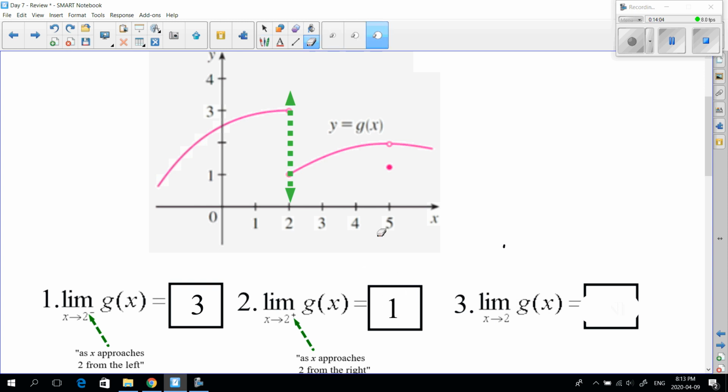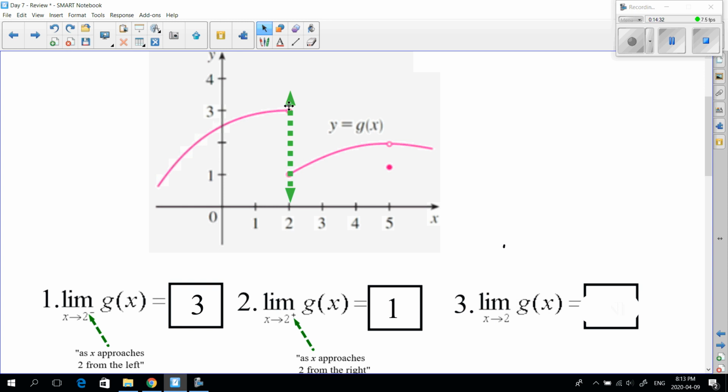Perfect. Now, if it doesn't indicate what side you're approaching from, you actually have to check both the left-hand side and the right-hand side. Now, how it works is, in order for a limit to exist, the limit from the left-hand side has to equal the limit from the right-hand side. You can see the limit as x approaches 2 from the left does not equal the limit as x approaches 2 from the right.